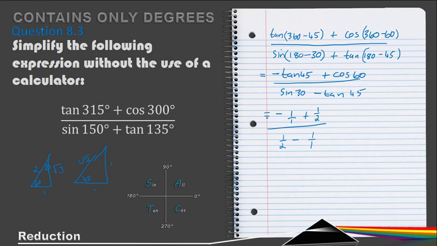Actually we could have just said that's 1, so that's minus 1 plus a half, and then this swapped around is also equal to minus 1 plus a half. So this will cancel top and bottom, so our final answer is just 1.